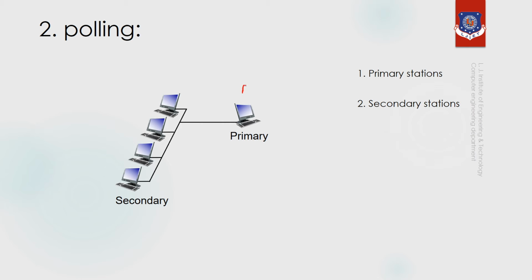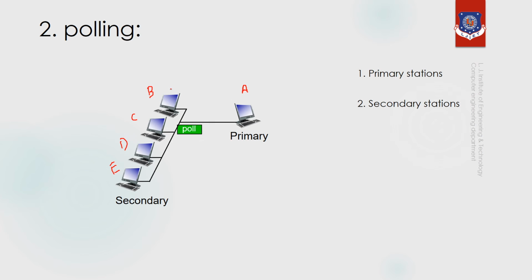Suppose device A is the primary device and devices B, C, D and E are secondary devices. Device A wants to receive data from device B, so it will ask device B if it has any data to send. And if device B has data, it will reply to device A with data.